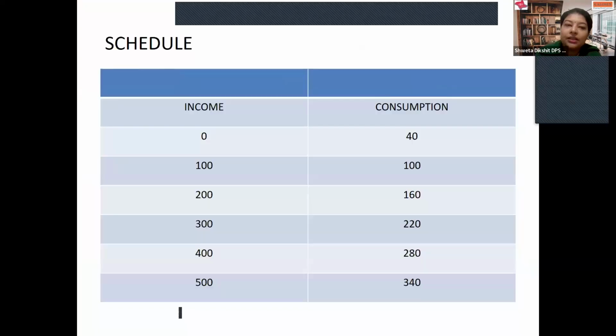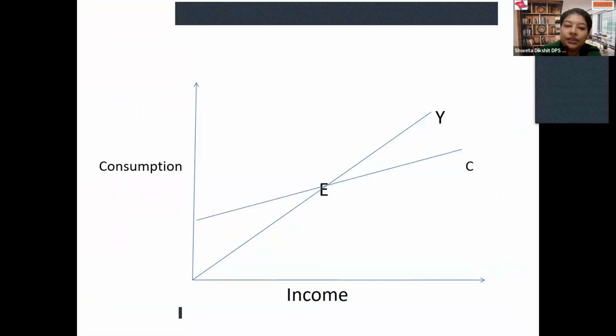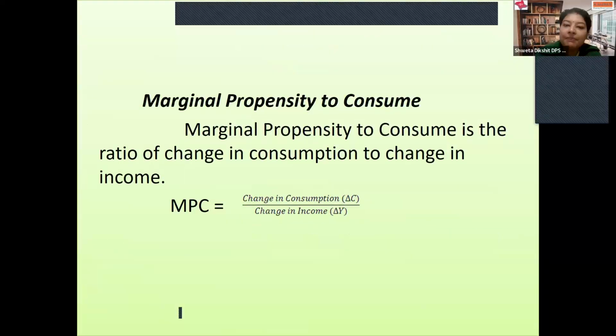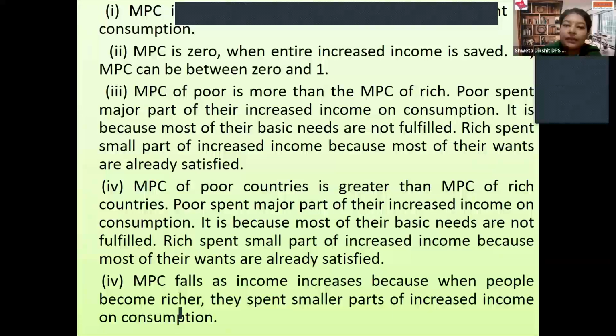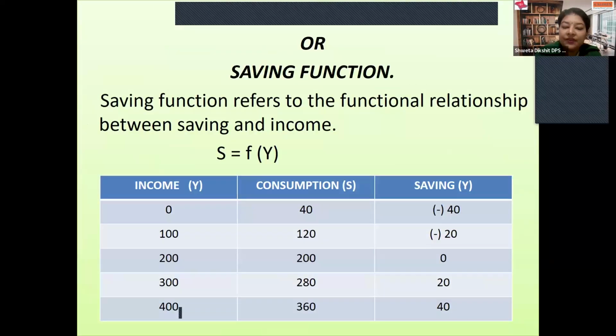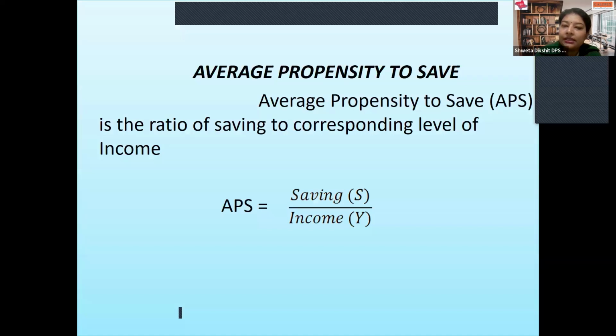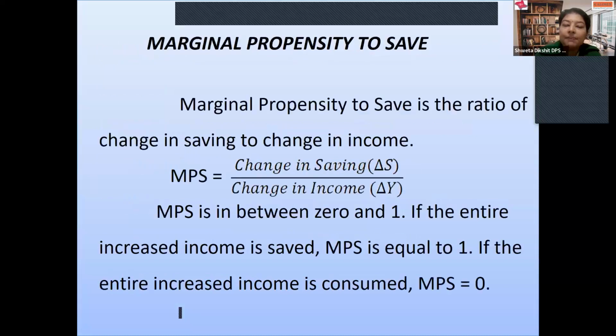Under this, we studied the different tools: APC, MPC, saving function. Under this, we studied APS, that is average propensity to save, and also MPS, which is marginal propensity to save. These are all the questions comprising subjective as well as one markers. There were so many one markers which we discussed in the last class.